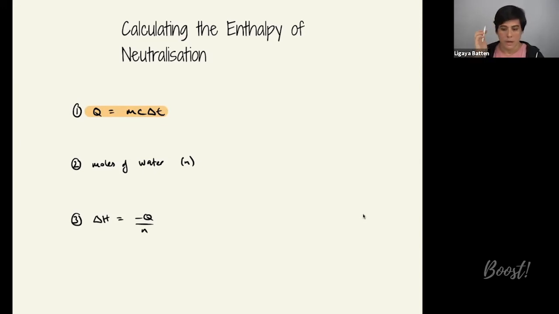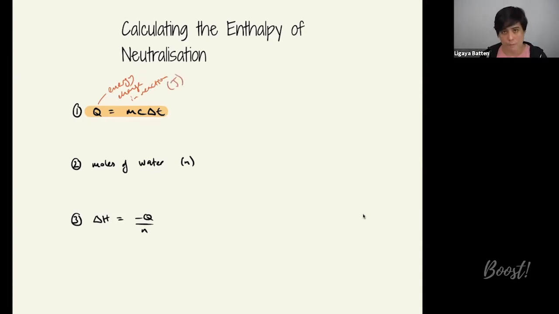Q basically stands for the energy change in your reaction. This doesn't matter how many moles or anything you used. This will be to do with what you actually use in your reaction. So earlier we put 50 centimetres cubed of acid and alkali. So this is going to measure what the energy change is in joules for that reaction that we did.